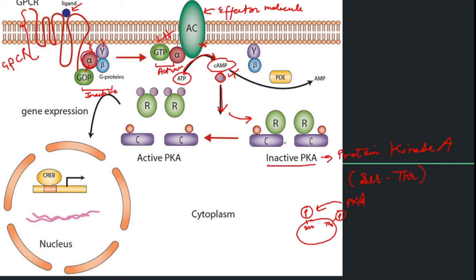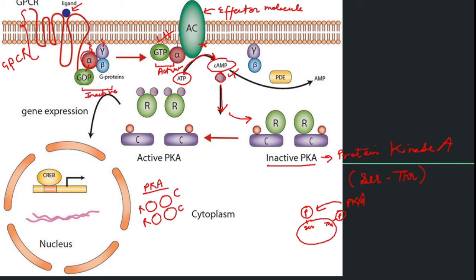If you look at the structure of PKA, you will see that it is a tetrameric protein with two regulatory subunits and two catalytic subunits.